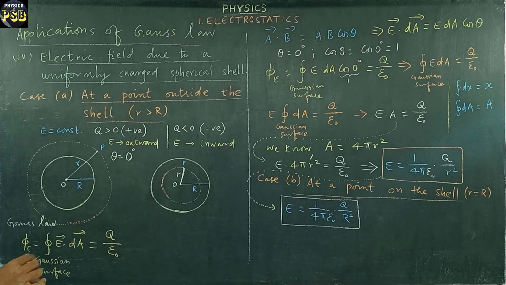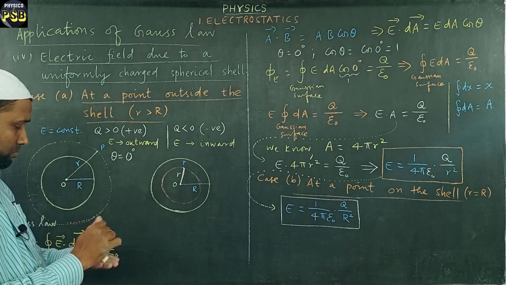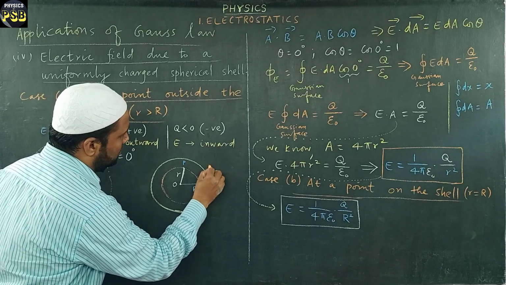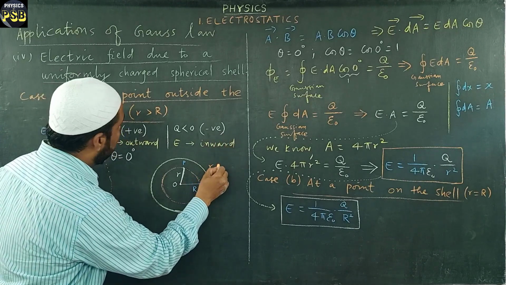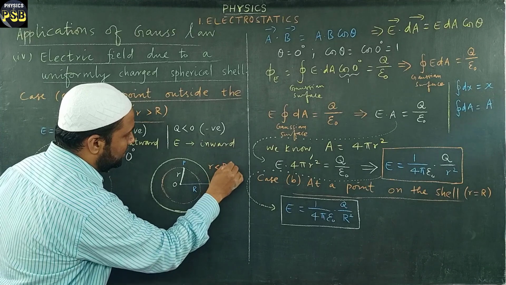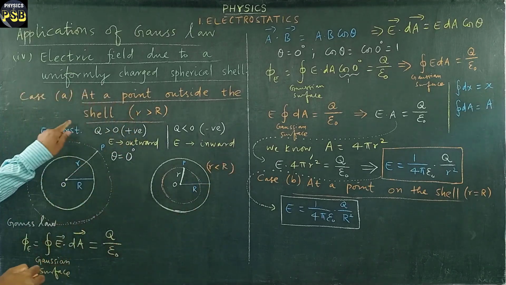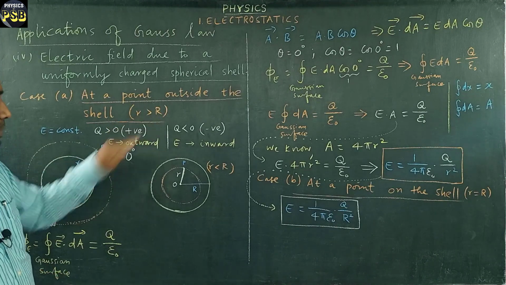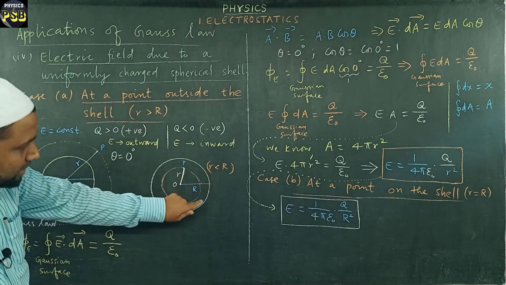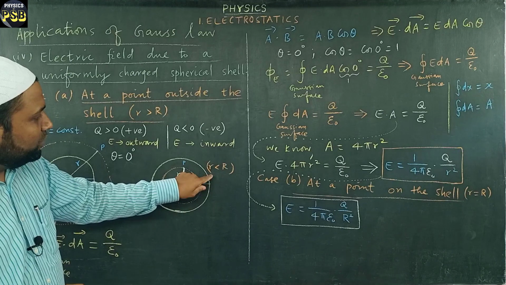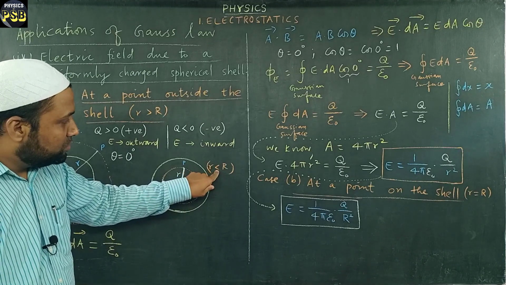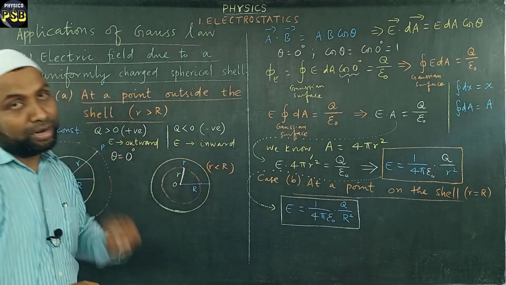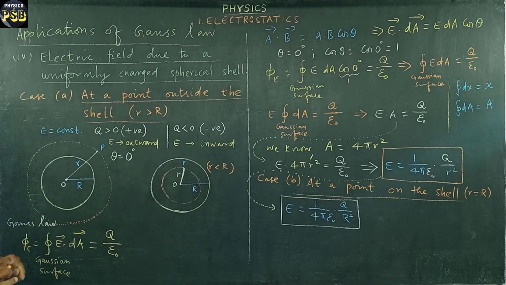So in this case, if you look carefully, you may find r is smaller than capital R. It is the reverse of the first case. In the first case we have taken small r greater than capital R. Here in case C, we take small r smaller than capital R. Right?